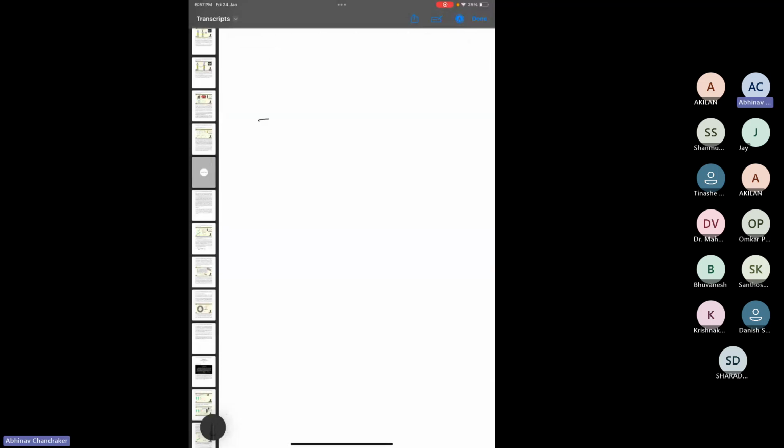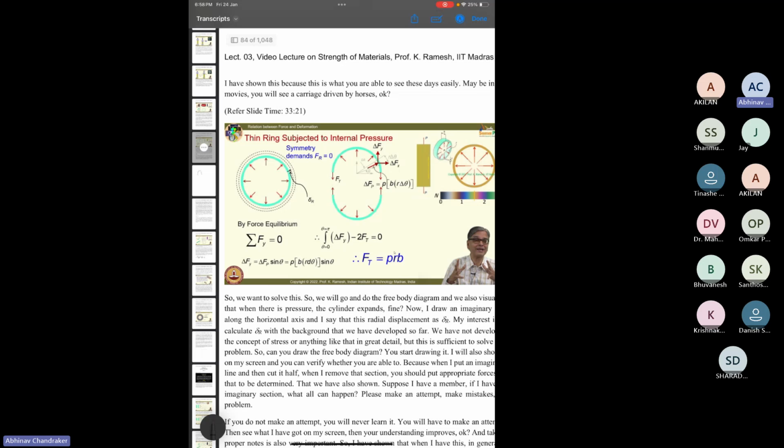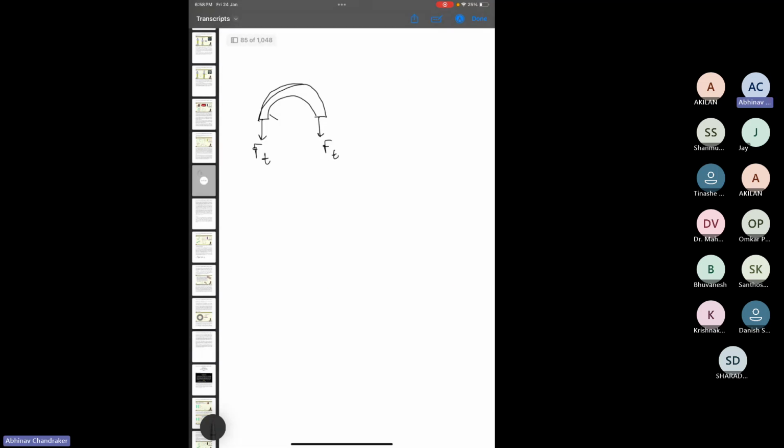So if we try to make a free body diagram of one half of the ring, then you have some stresses which are being experienced by the ring material. Let's call it Ft. And also since you have fluid which is going through, which is having some pressure inside the tube, there will be a uniform pressure being experienced by the inner side of the tube.